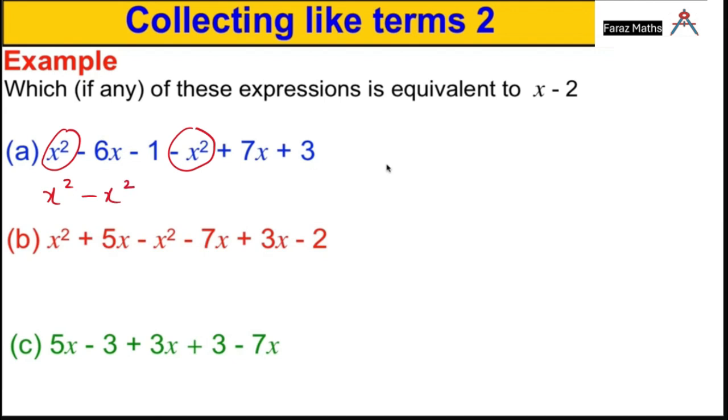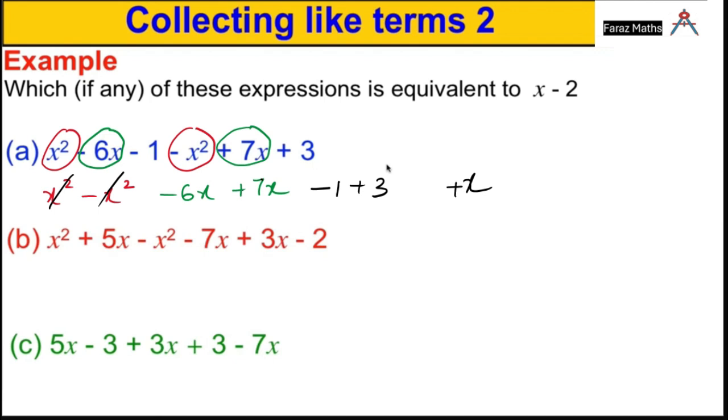Then minus 6x plus 7x, and then minus 1 plus 3. So x square minus x square, it means 1x square minus 1x square, that is 0. Minus 6x plus 7x, so one number is negative, other is positive. 7 minus 6 is 1x or just x, and you have to use the sign of the bigger number. Just compare 7 and 6. Between 7 and 6, bigger is 7 and it has a positive sign, so it is plus x.